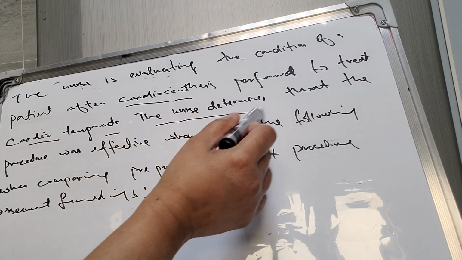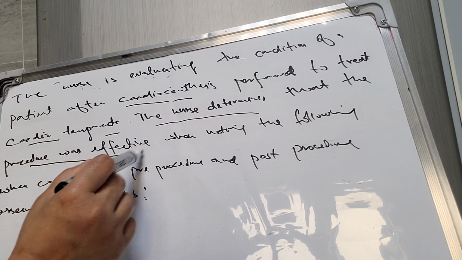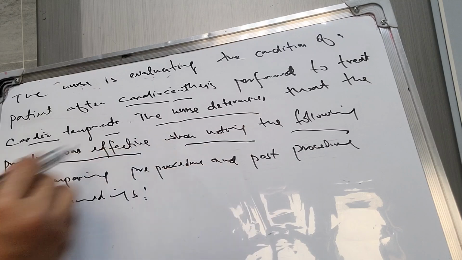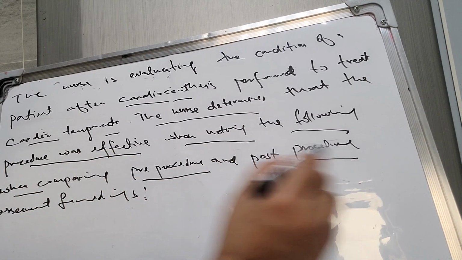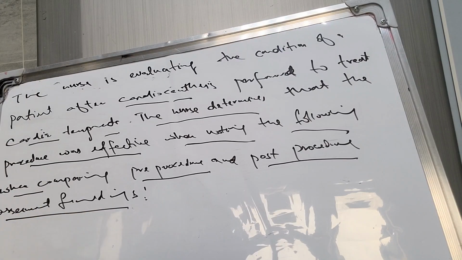The nurse determined that the procedure was effective when noting the following when comparing pre-procedure and post-procedure assessment findings. Now the nurse is observing the signs and symptoms of the patient, comparing pre-procedure and post-procedure. So how does she know the procedure was effective?